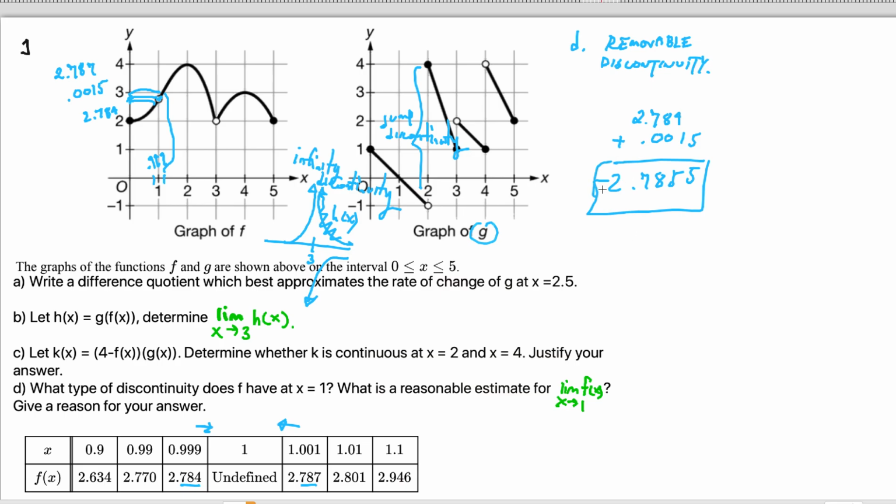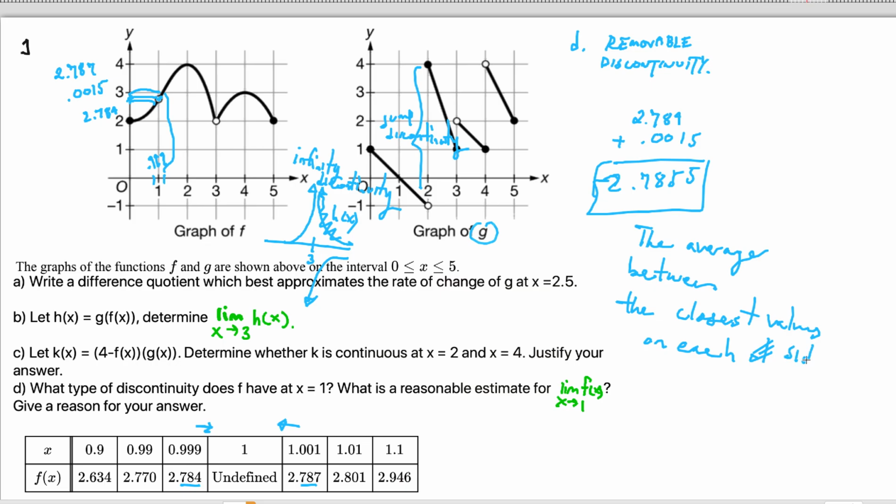You could say the average between the closest values on each side of 1.